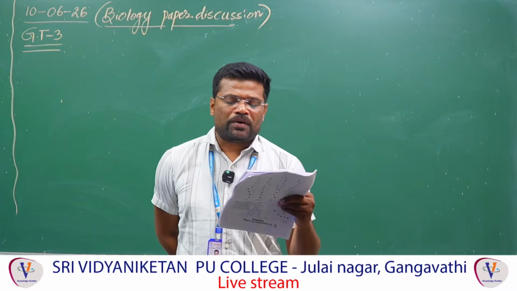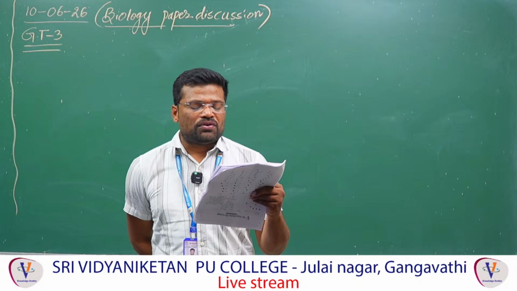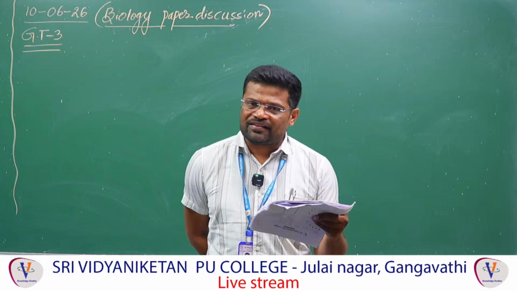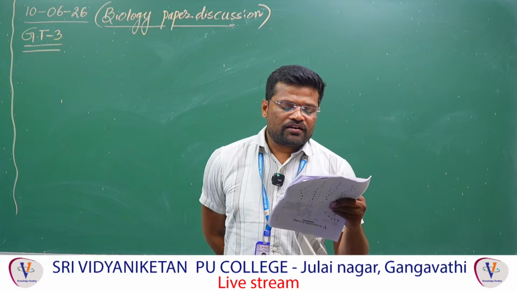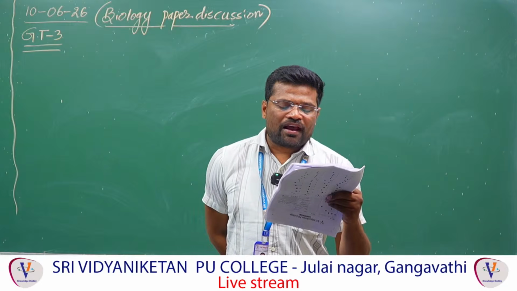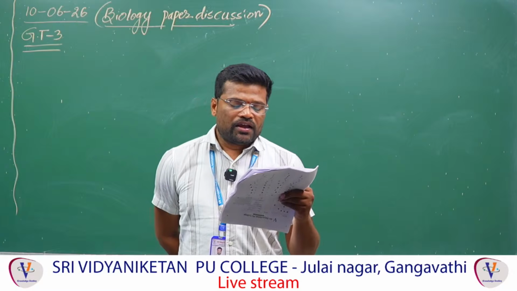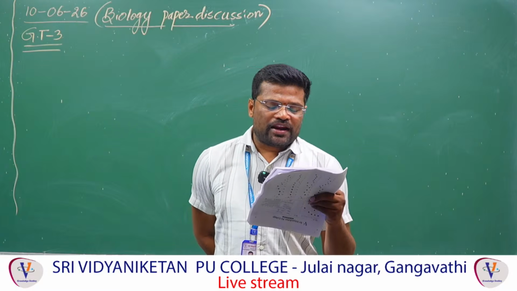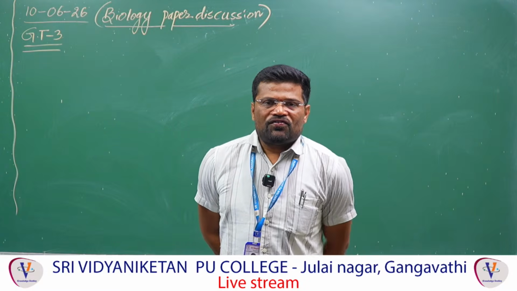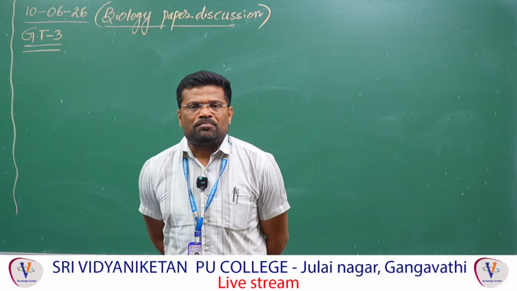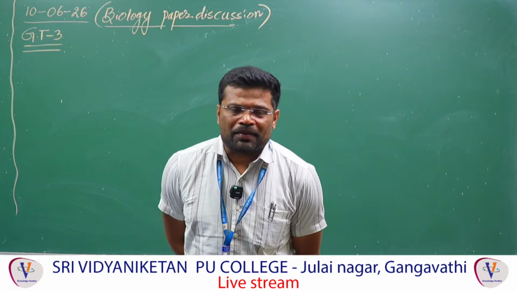B. Receptors of touch, smell and taste are the cellular aggregates present around the nerve endings. Correct. C. The ear is an organ of hearing as well as balance. Absolutely correct. D. Frog is a warm-blooded animal. Wrong. Frog is not a warm-blooded or homeothermic animal.